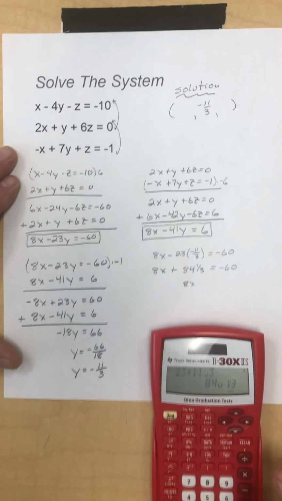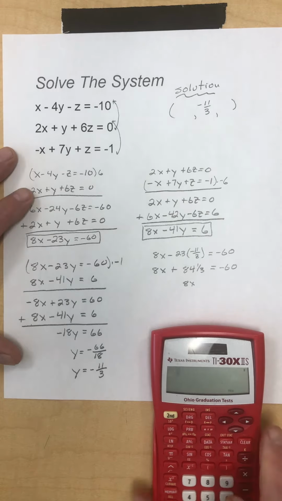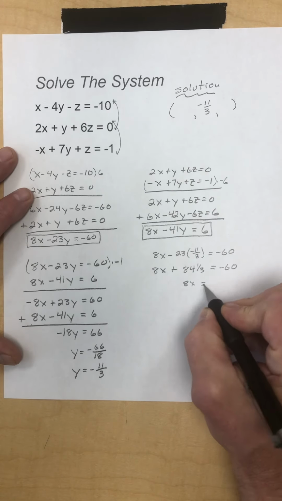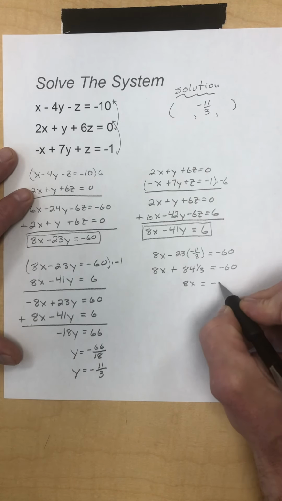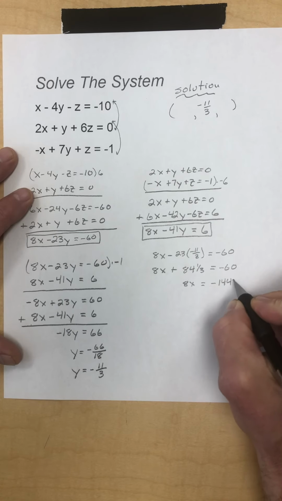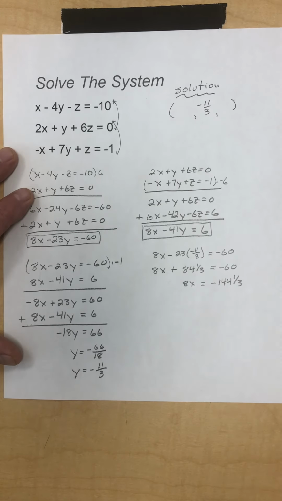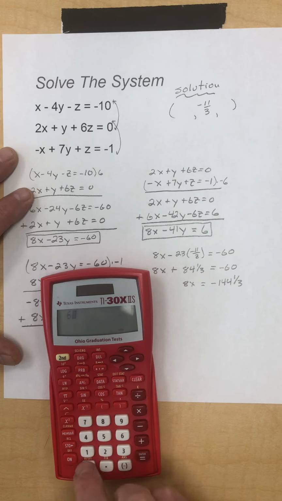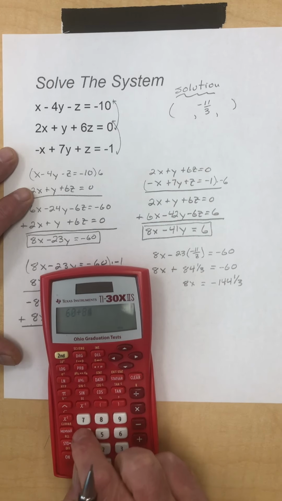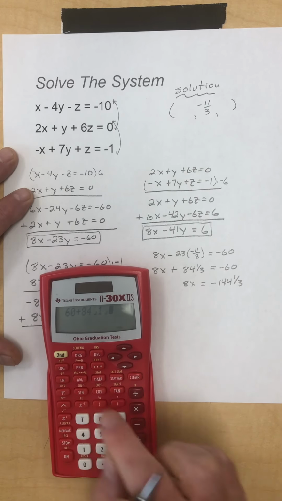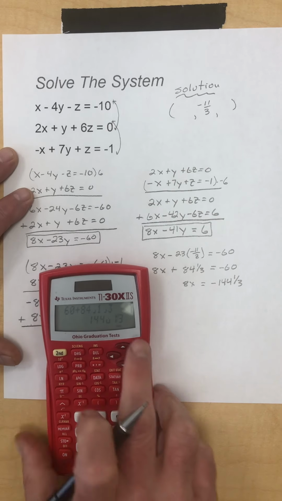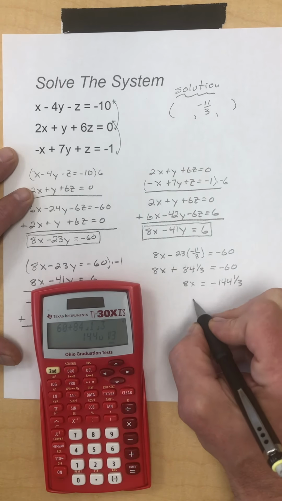So I'd have to subtract 84 1/3. Okay, so that's going to give me negative 144 1/3. I'm going to check that just to make sure. 60 plus 84 1/3. Yeah, and then I've got to take that and divide by 8.